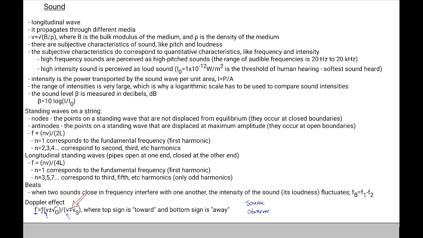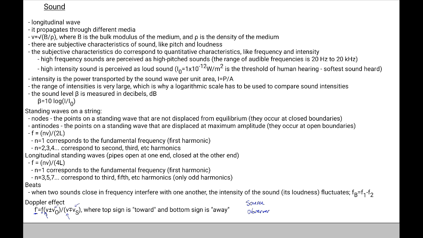The bottom sign, the negative here, says that the observer is moving away from the source. And here we would say that the source is moving away from the observer. So we can have both observer and source moving either toward one another or away from one another.